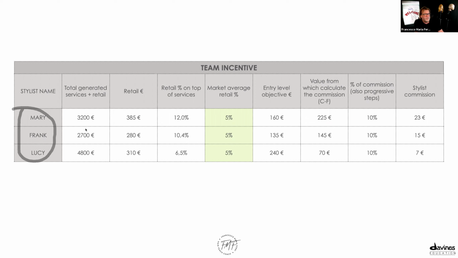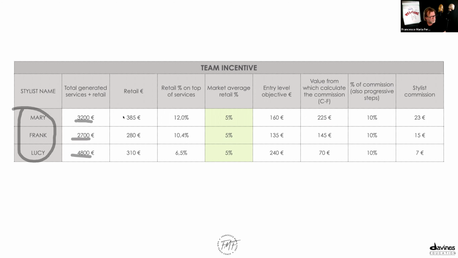They generate monthly, and again, numbers here are hypothetical, randomly filled, don't worry about the reality. Mary is producing 3,200 a month, Frank 2,700 a month, and Lucy 4,800 a month. And this is the total amount coming from services plus retail.